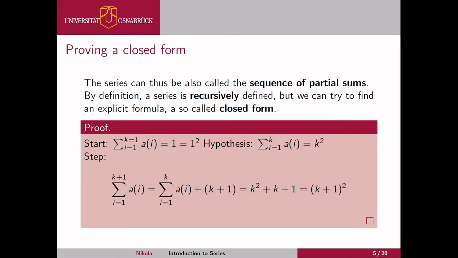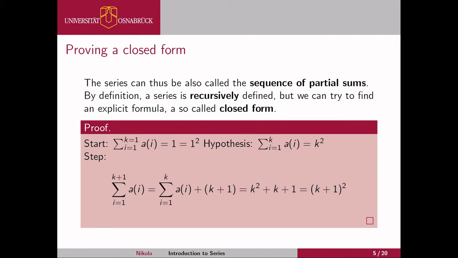And you, of course, need an induction start, so you need to prove that for a particular case it works. We can use 1 for that because 1 equals 1 squared. And now we have to do the induction step. So we have to show that for the case of k plus 1, it works given that it works for k.